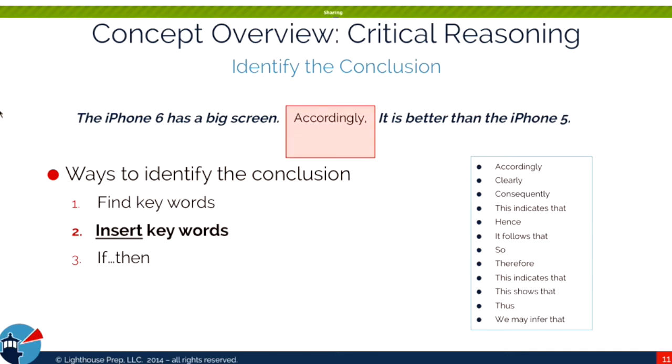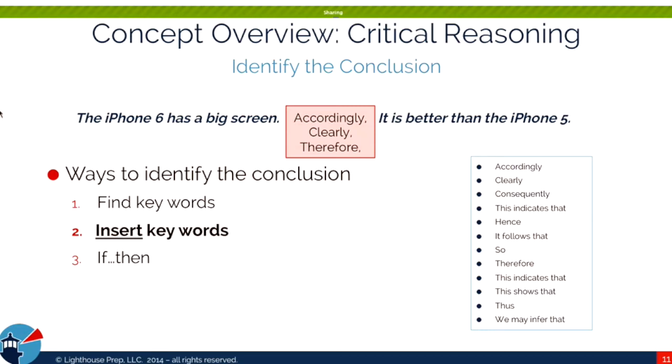So for example, you could put in accordingly, even if it's not provided for you. Or you could put in clearly, or you could put in therefore, or any of these other words, and see if it makes sense. And if it does make sense, then great, you're on the right track. If it doesn't, then you might want to consider flipping the sentence, or you might want to consider looking at a different sentence in the passage, or any of the other question stem, answer choice, things like that.